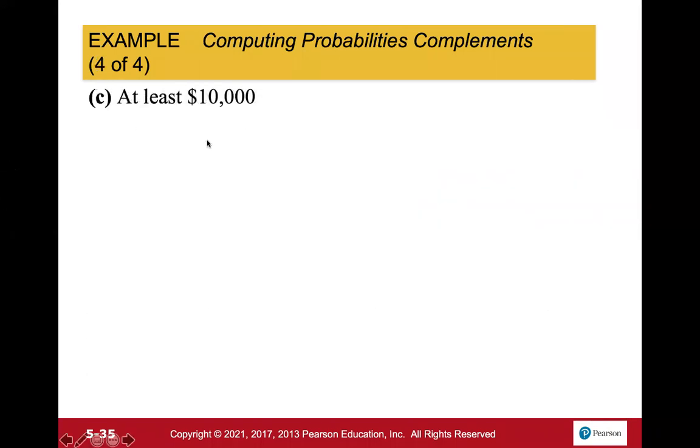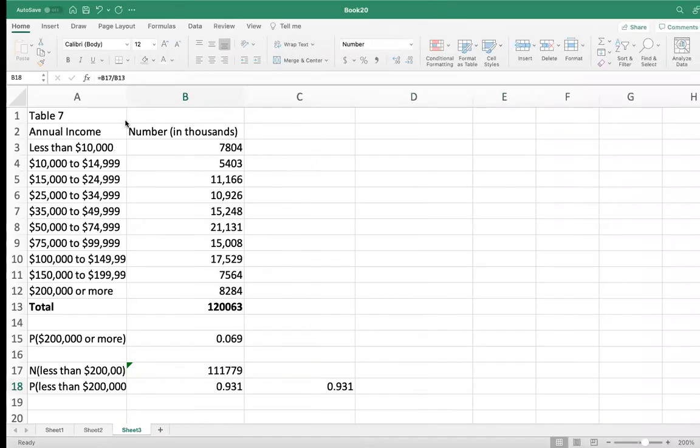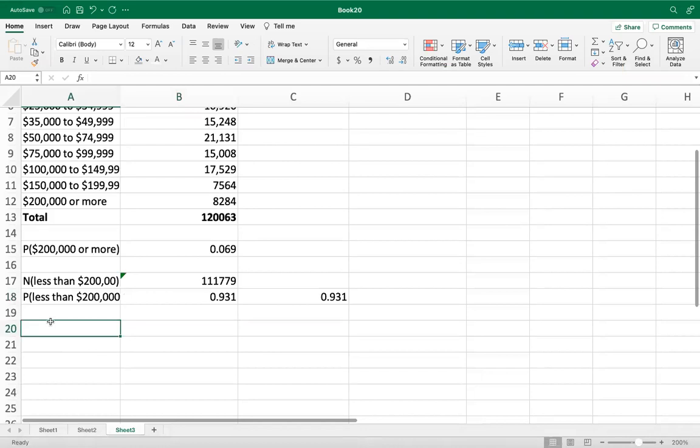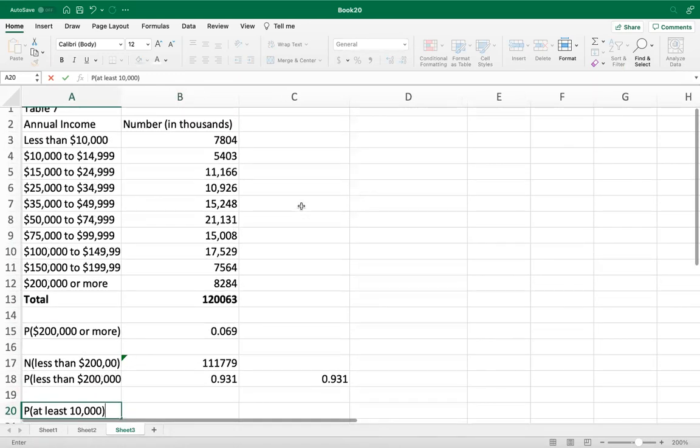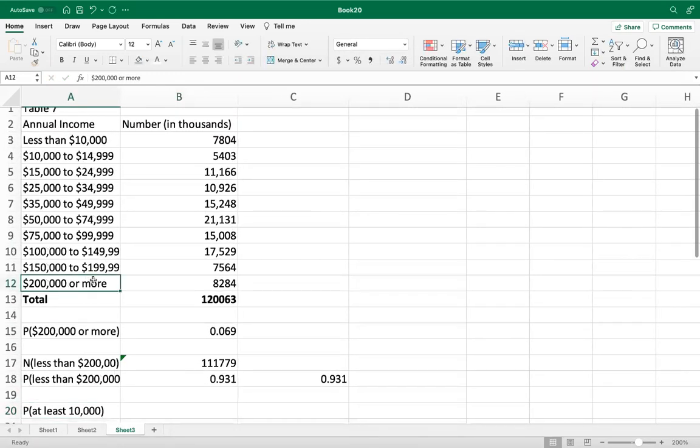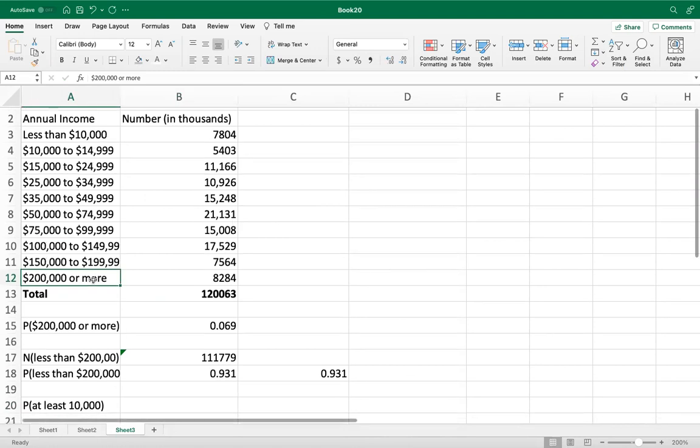Ooh, okay, so find the probability of at least 10,000. So probability of at least 10,000. All right, so 200,000 or more is at least 10,000. 150 to almost 200, cool.